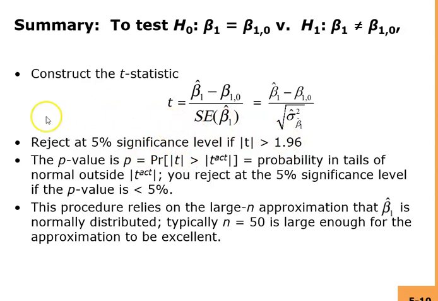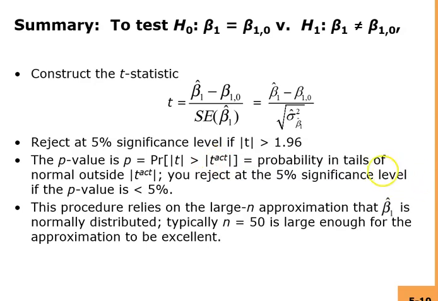Sorry, actually I might have said it wrong. If this is higher than this probability, then we will reject the null hypothesis. But if this probability is lower than this probability, then we will fail to reject the null hypothesis.